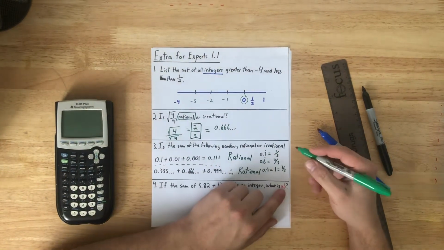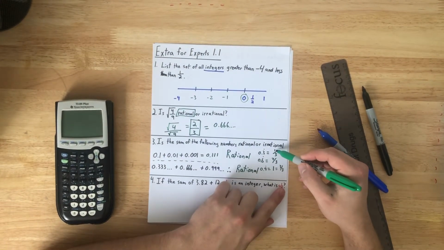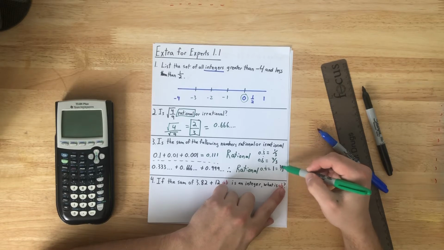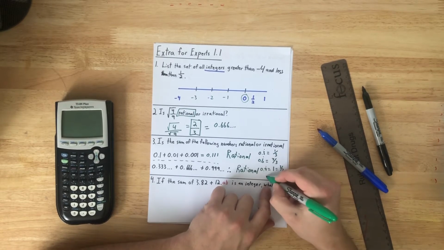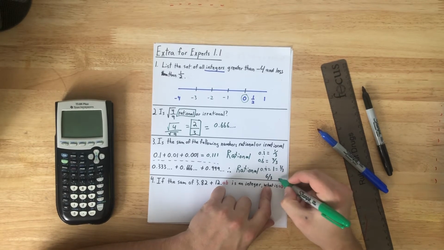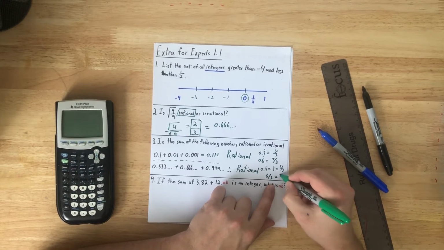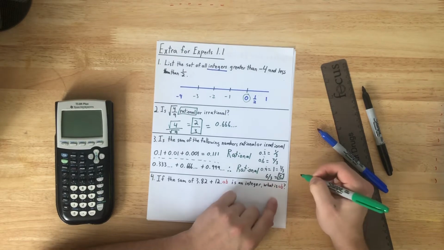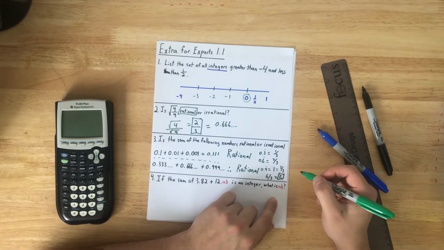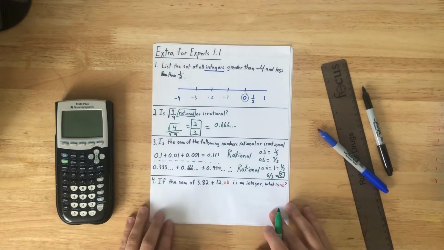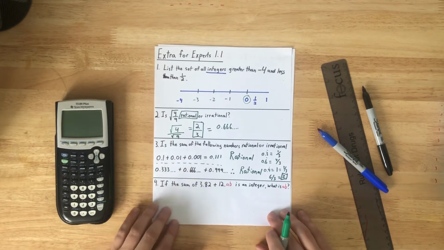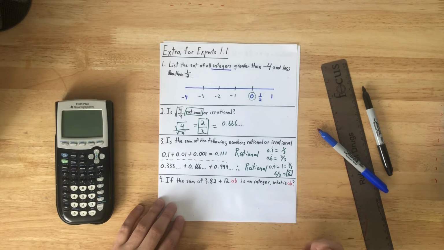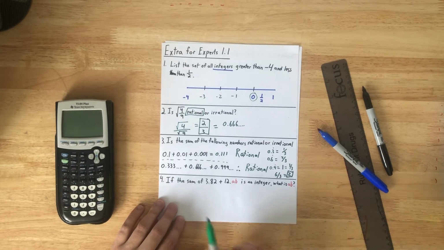So what we can look at is that if we do 1/3 plus 2/3 plus 3/3, add 1, 2, and 3 together, this would equal 6/3, or if we simplify, the answer is just 2. And 2 is a rational number. So hopefully I was able to explain that one properly for you guys. If you ever need more help, just put comments in the comment section, and hopefully I can help you out with more of these examples.